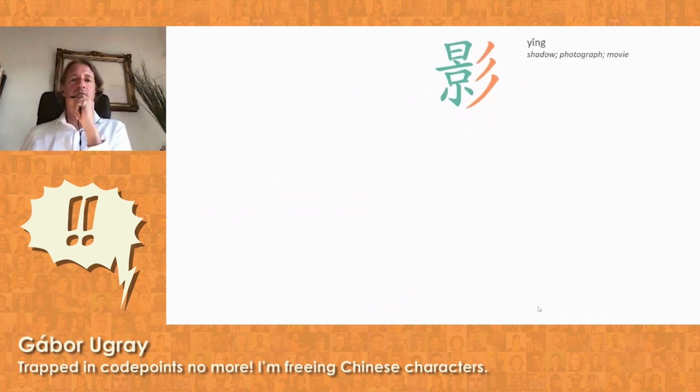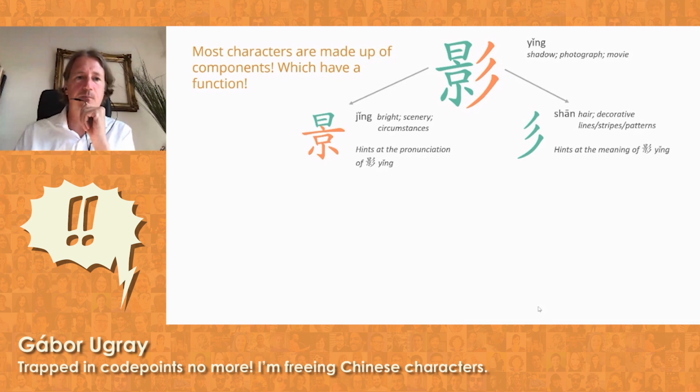Now, on a more meaningful level, these 9,000 Chinese characters are made up of components. They have some internal structure. So here I already used colors to highlight two components. The one on the left is pronounced Ying. It means bright, and its purpose in our shadow character is to hint at the pronunciation.